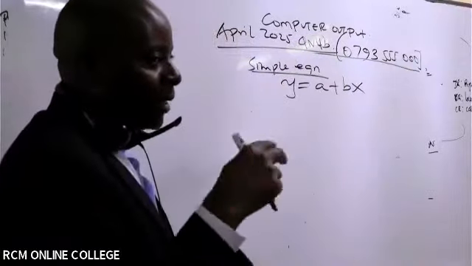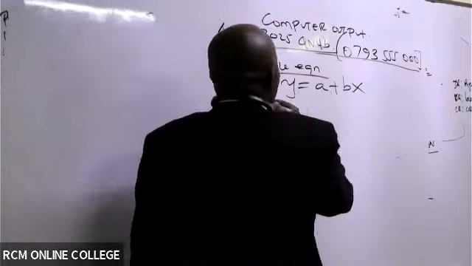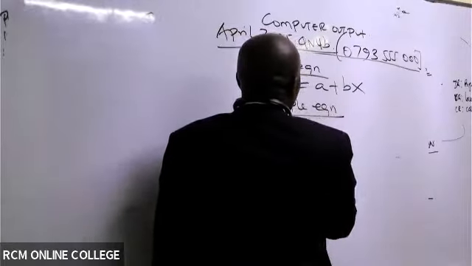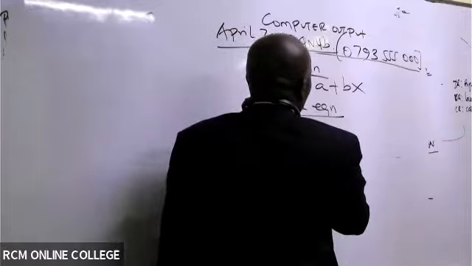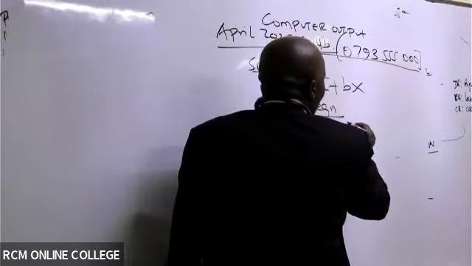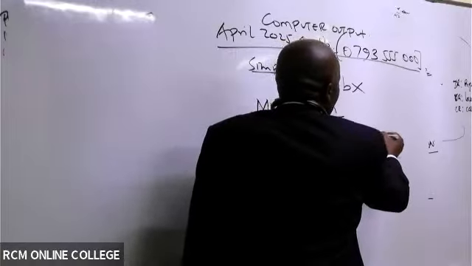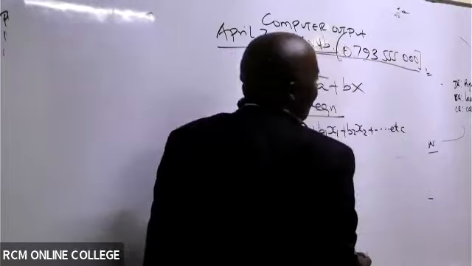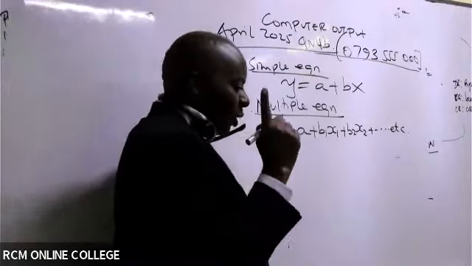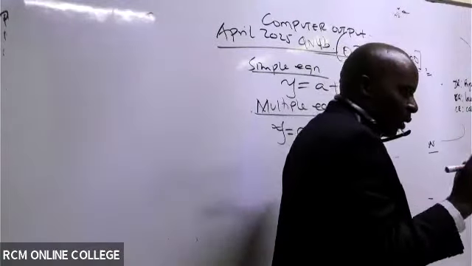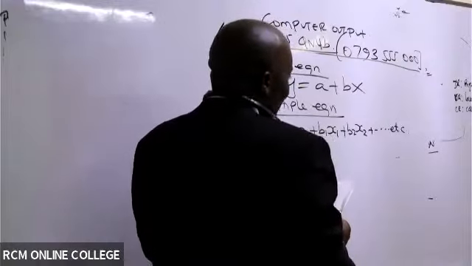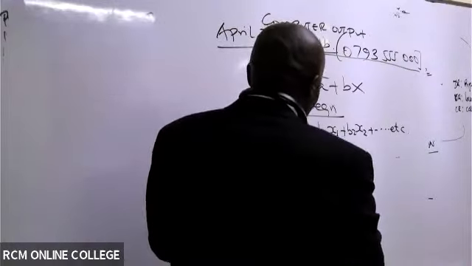We only have one predictor variable, which is X. But when it is a multiple equation, our Y will be equal to A plus, now we have many X's: B1X1 plus B2X2 plus etc. Those variables could be very many. Remember the name of the topic we're doing is cost estimation. The one to be estimated goes to the Y. So when I'm told to write this equation, my Y will be the material handling cost.